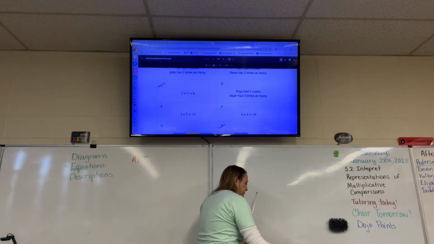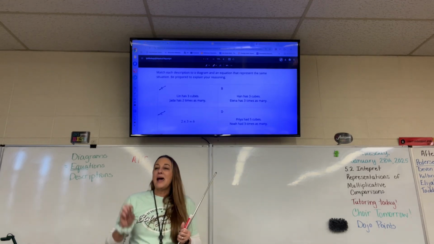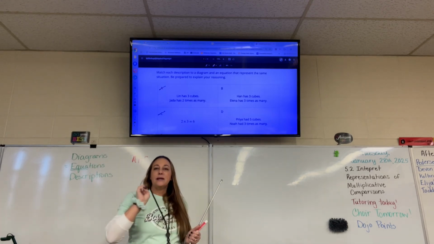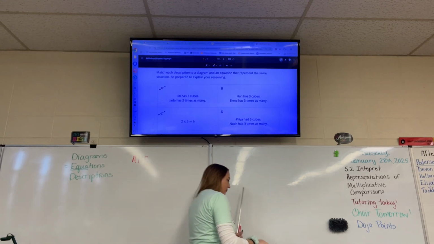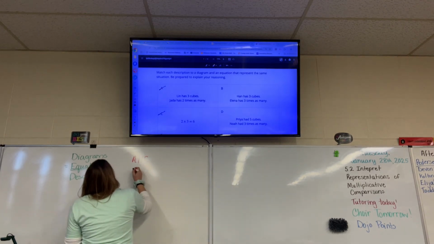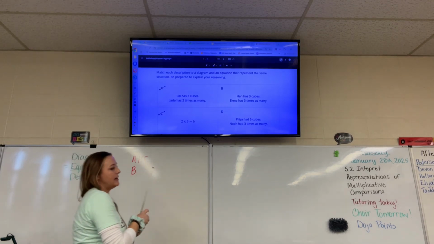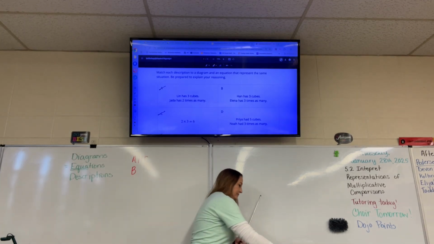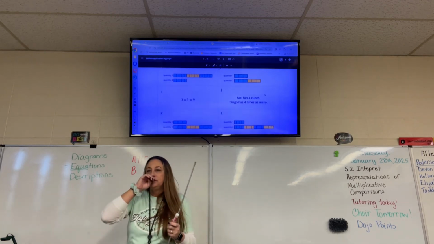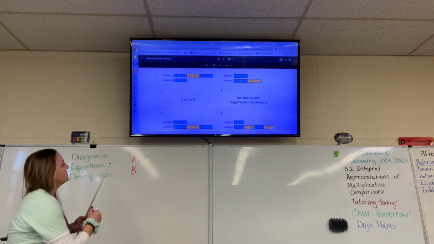Okay. The next description says Han has 3 cubes. Elena has 3 times as many. So, who can give me a diagram that would go with Han and Elena? So these are our diagrams. Jackson? Okay. That's correct.